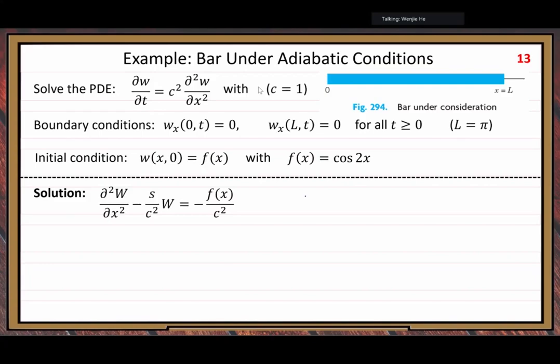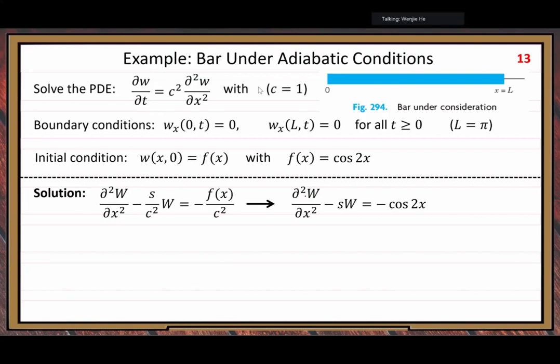Let's copy our new ODE. This is our new ODE, but let's put all the known information into it. So C is gone, it is 1. Then for the f function, we have the concrete cosine function here.